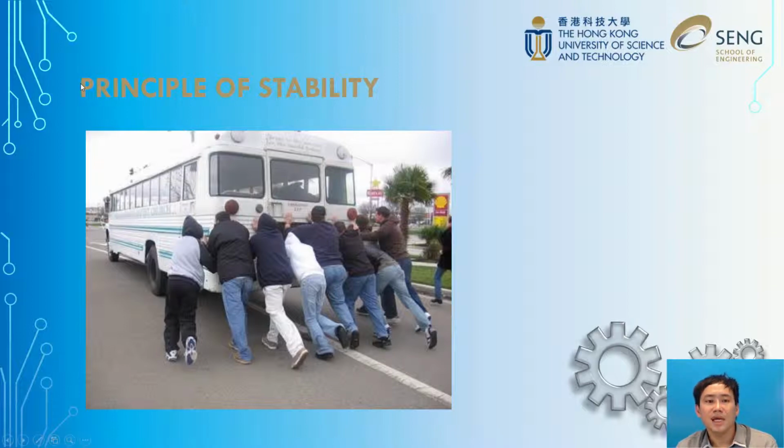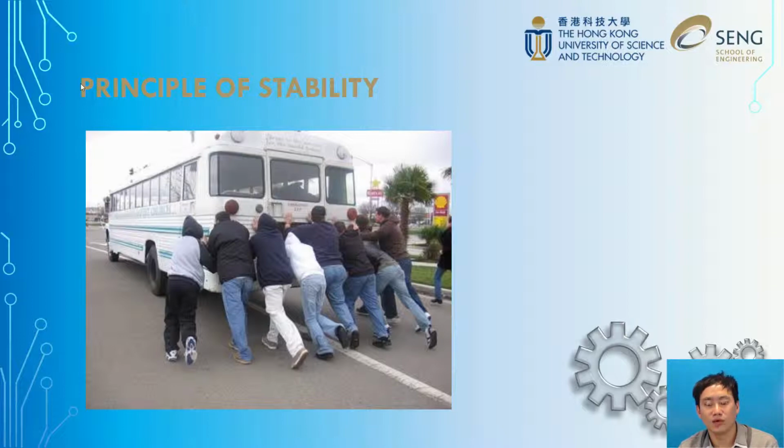So bear in mind that, as I mentioned, in a mechanical system, it's always beneficial to achieve stability, to achieve a stable equilibrium condition. But it's not always true. It depends on the purpose.